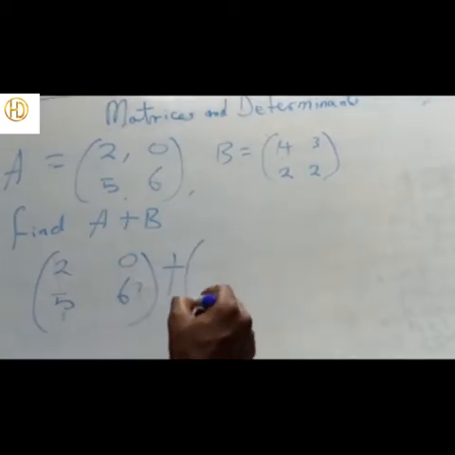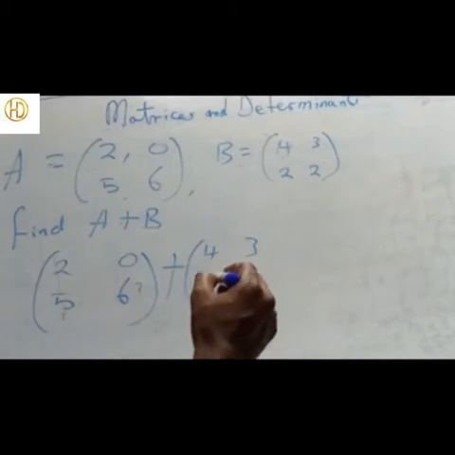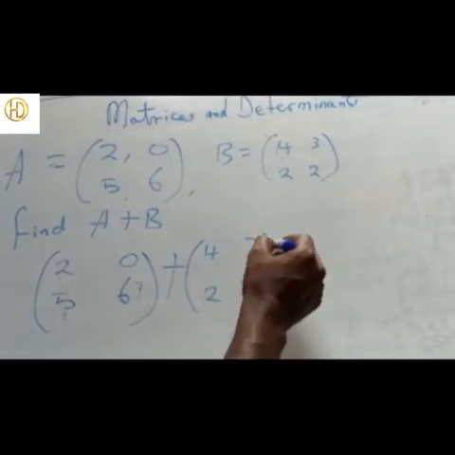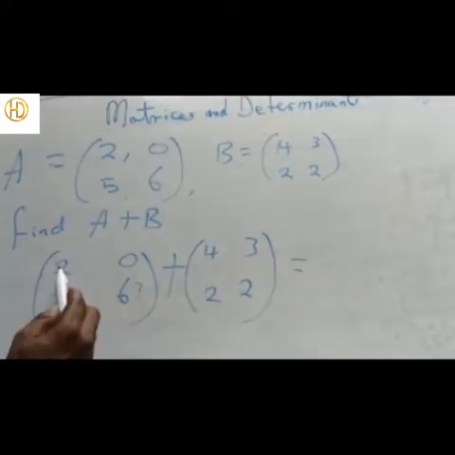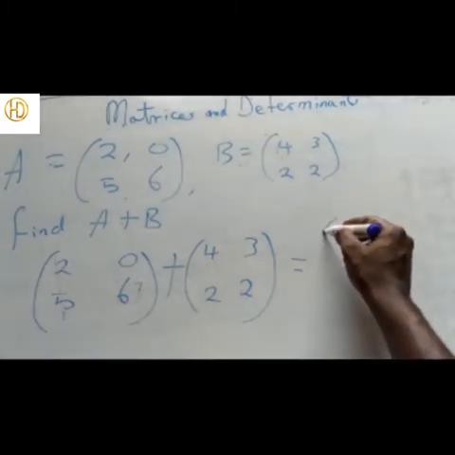Plus 4, 3, 2, 2. That will be equal to 2 plus 4. Make sure you add them correspondingly. These are 2 by 2 matrices, and it also gives us a 2 by 2 matrix.